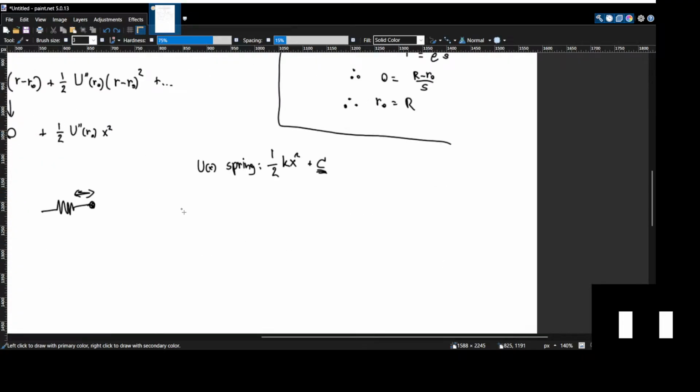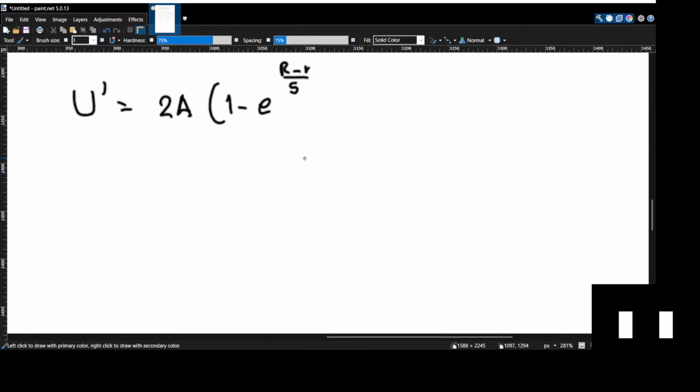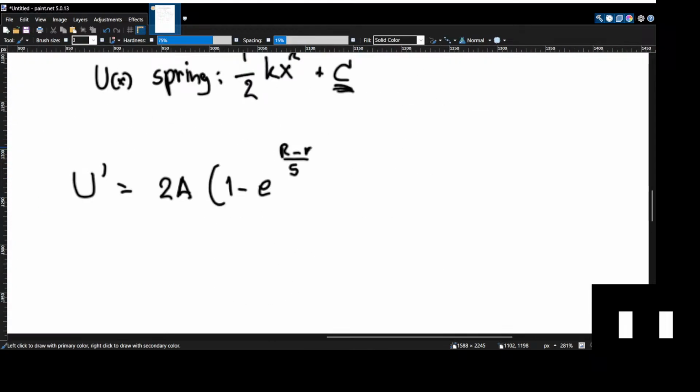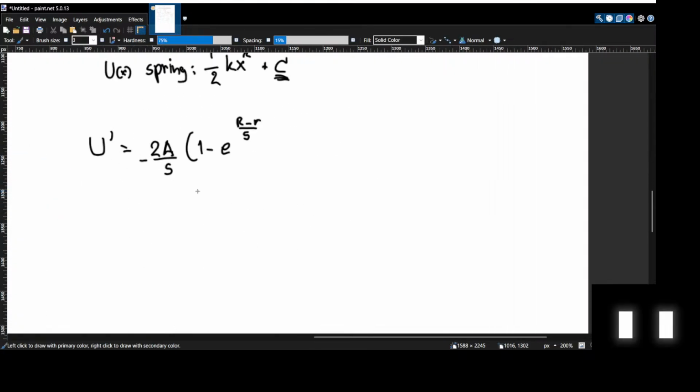So we had U prime equals 2a times (1 minus e to the big R minus small r over s), divided by negative 1 over s, and times e to the big R minus small r over s.